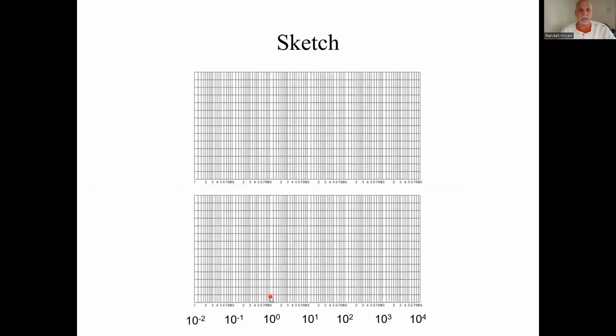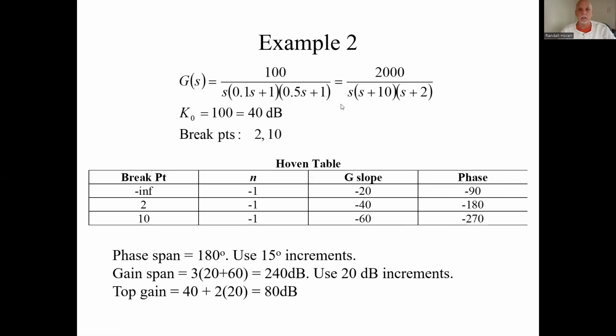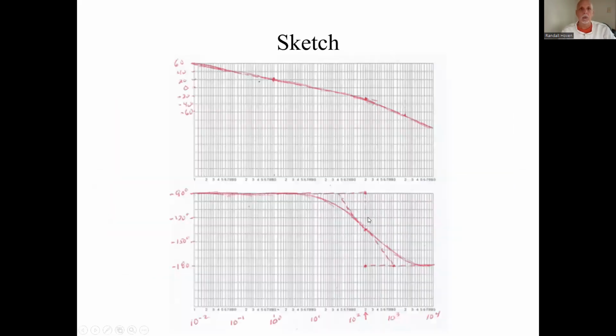We'll put the 10 to the 0 here to start a second increment. Then let's see. Remember, go back to the -20, -40, -60. The first asymptote, forget the whole sketch here for a second. Think of where the asymptotes are.